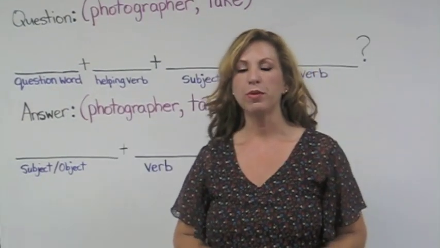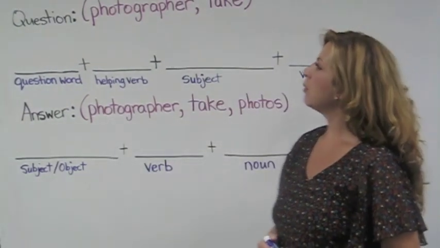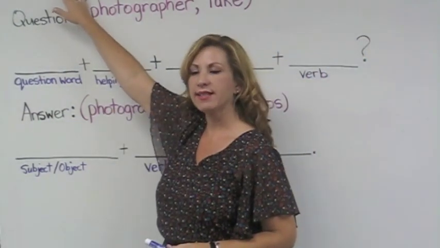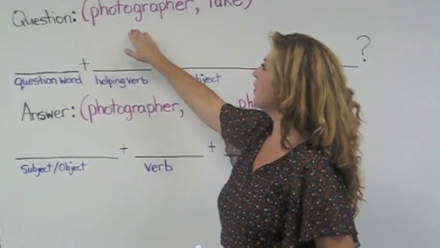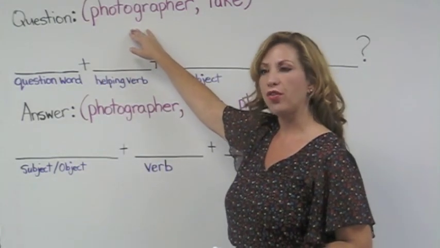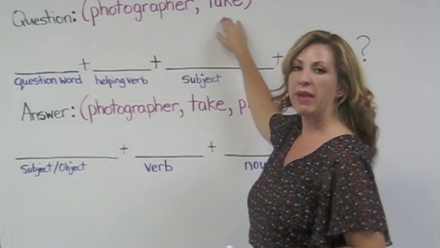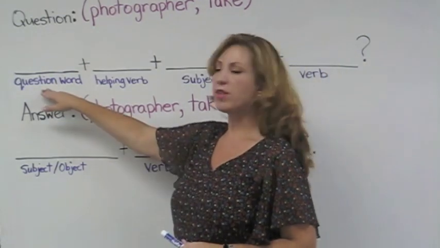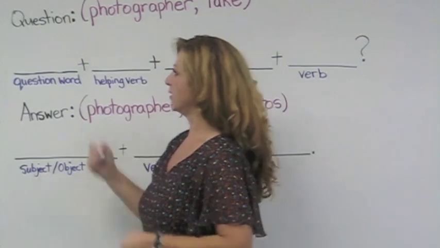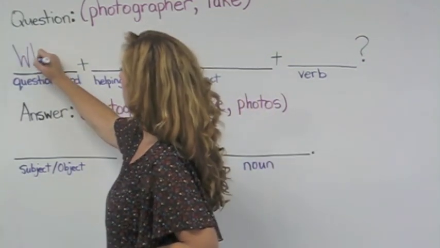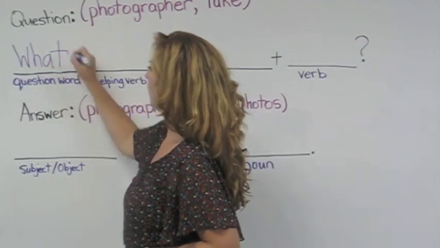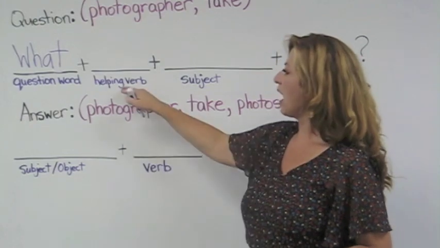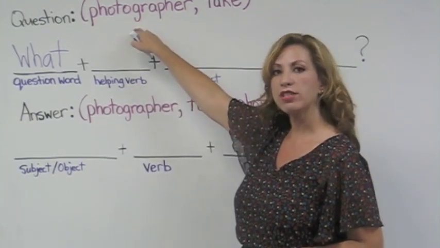Now let's do problem 4 together. Problem 4 is in the past tense, and our subject is going to be a photographer, and our main verb is going to be to take. So let's begin with our question word, what? What? Our helping verb again is according to our subject.